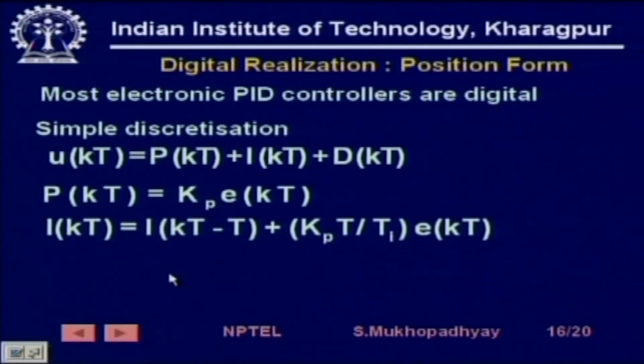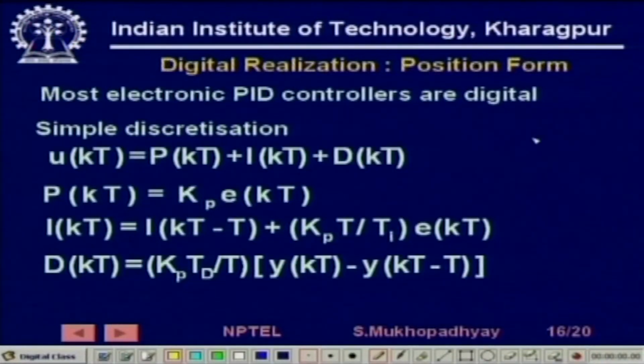The integral is actually realized by what is known as a backward difference integration, not even trapezoidal. What we are doing is that we simply assume that E(kT) is going to be constant over the time interval k minus 1 to k.